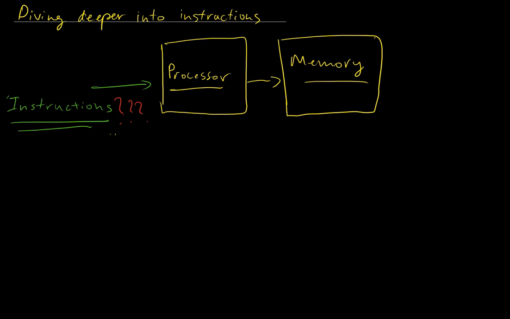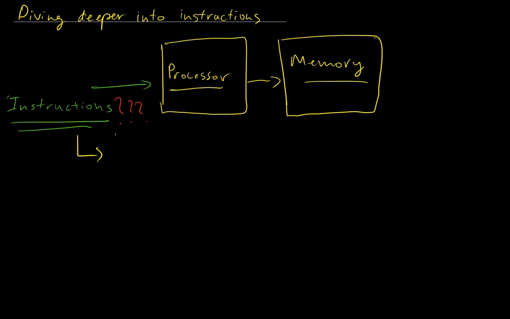Before we go into what instructions actually are, you need to understand how information is stored within a computer. In the description below, I've posted 2 videos that explain how information is represented within a computer with ones and zeros. If you already know the binary number system, you don't need to watch those, but if you don't, I highly recommend you do, because otherwise what I'm saying won't really make sense.